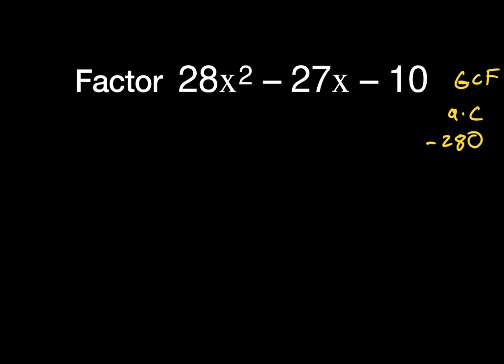So if I start with what I just had, negative 28 and 10, those add up to negative 18. So I need two numbers that are further apart. Go ahead and grab your calculator, start thinking of two numbers that multiply to 280 and see if you can come up with a pair that adds to negative 27.